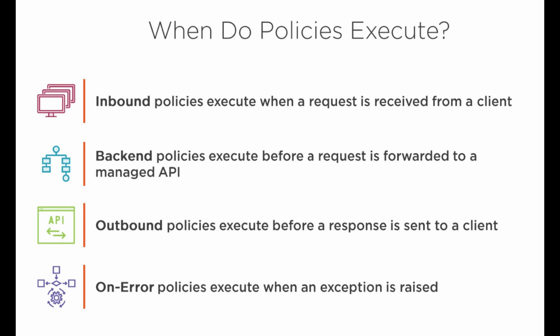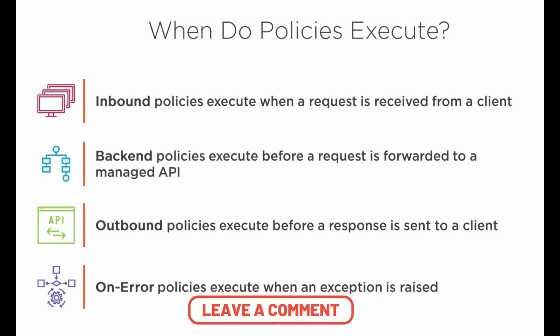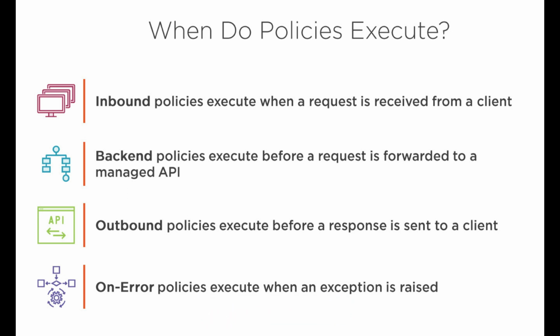Error is basically if something goes wrong within these 3 operations, like request is received, and by the time the response is sent, if something goes wrong, the error will kick in, and based on what you have configured in the error, it can do this step. Remember one thing, let's say you have a couple of policies, and some exception happened in one of them, it will skip everything. It will directly come to the error handling stuff.